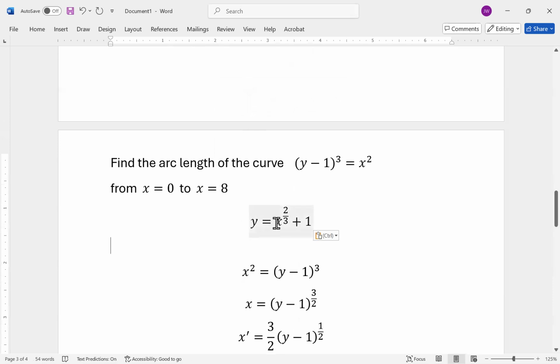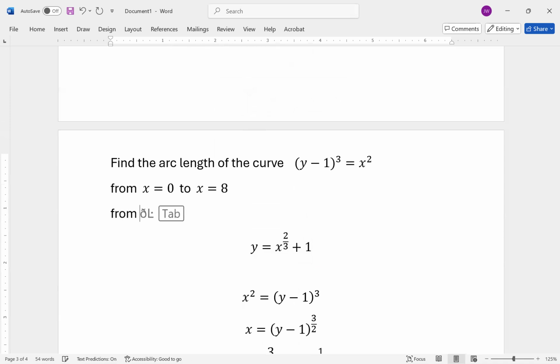If I plug in 0 for x, I'll get a y value of 1. If I plug in 8, well, 8 to the 2/3 plus 1 becomes a 5.